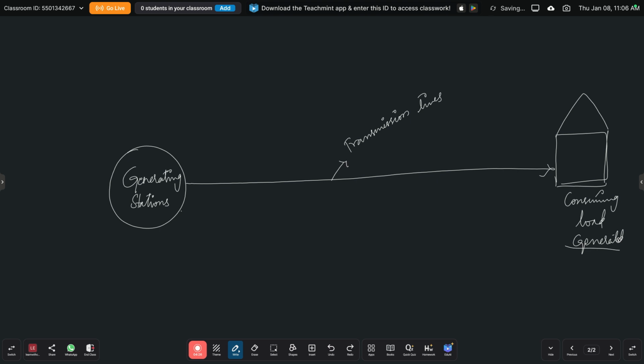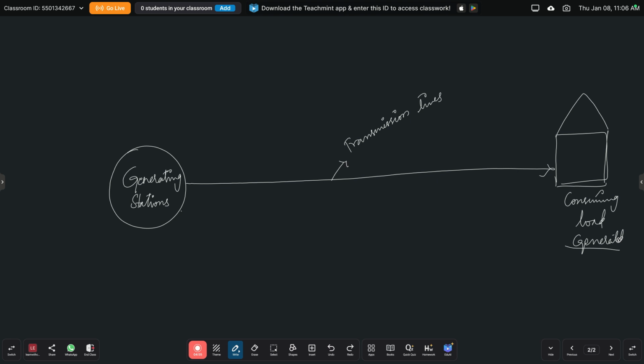But in this, the ohmic losses and voltage drop will exist. Whatever voltage we require at the consuming centers, we are not getting the exact value of the supply.